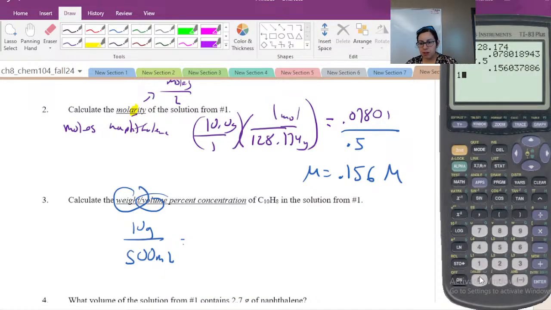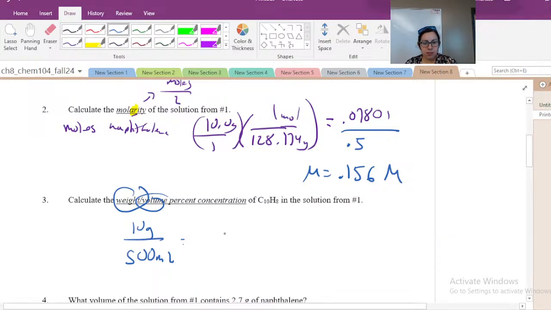So 10 divided by 500, and then multiply by 100 because they want percent. That gives us a 2%. You can see that's W per V, weight per volume. So again, don't overthink these things. Just show your work.